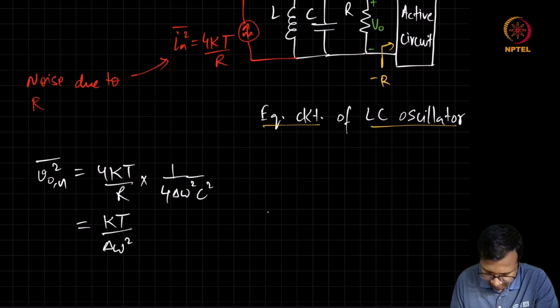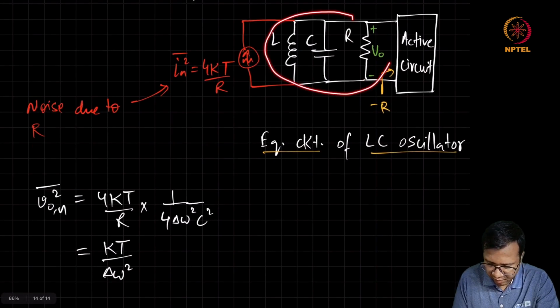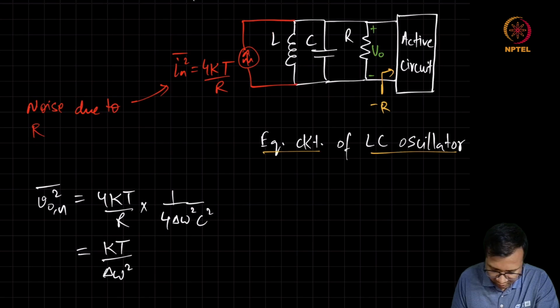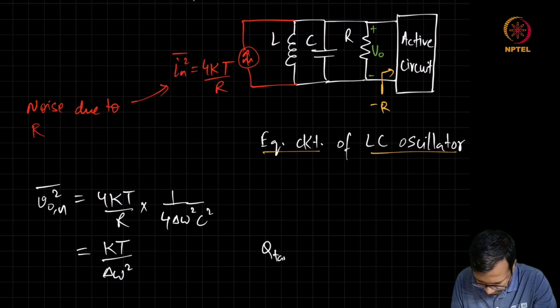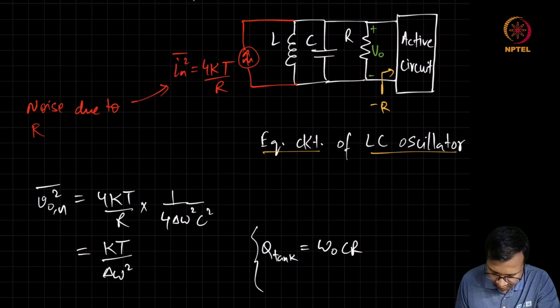And we also know that the Q of this tank without any active circuit is equal to omega naught CR. We are going to replace C with Q tank by omega naught R. So we are going to get omega naught square R square divided by Q square.